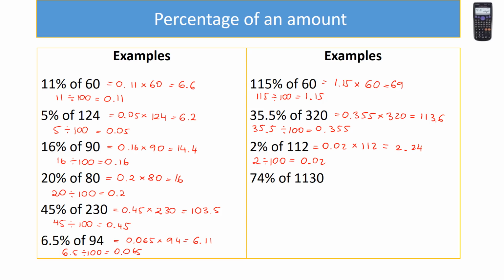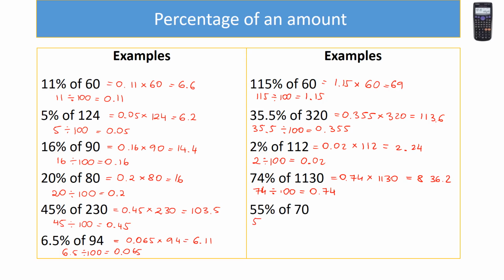Then to work out 74%, 74 divided by 100, and that is 0.74. So 0.74 times 1,130 is 836.2.